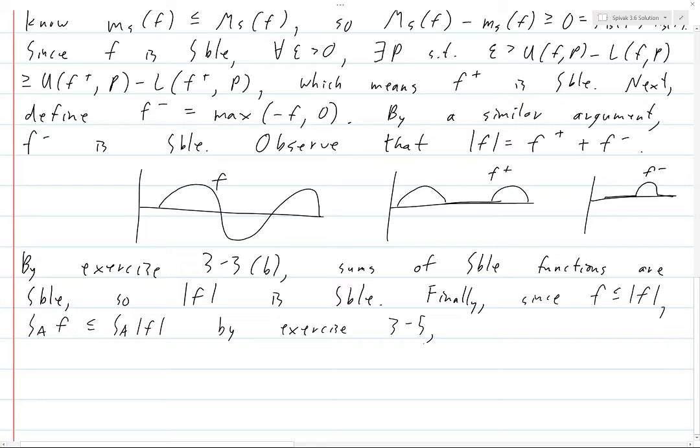And so what we do now is we just take the absolute value of this. So we take the absolute value of the integral over all A of f, and this is going to be less than or equal to the integral over all A of the absolute value of f.